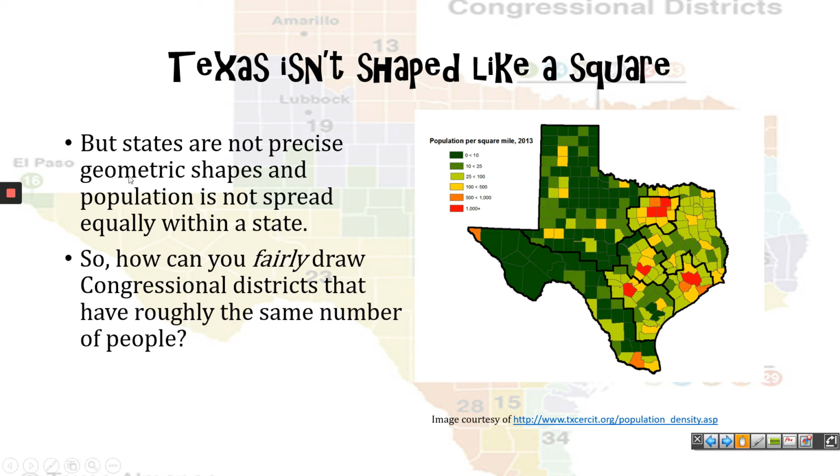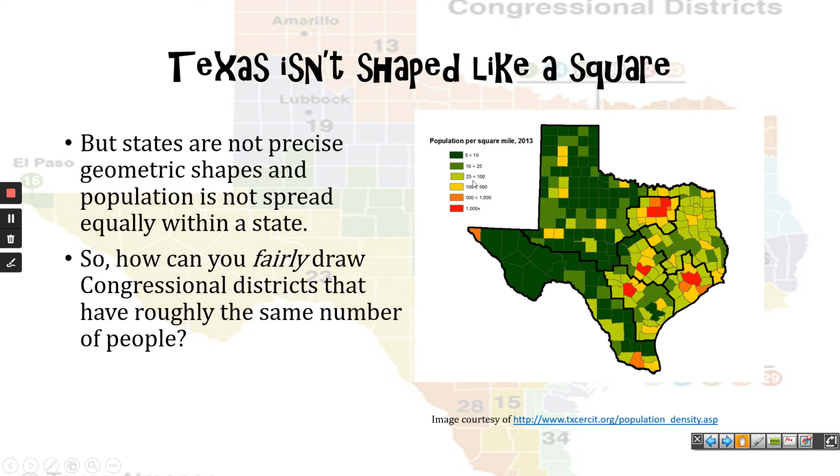For instance, let's talk about this map for a minute. The dark green areas represent areas where the population is less than 10 persons per square mile. So if you have a square mile of land, there may be fewer than 10 people living there.